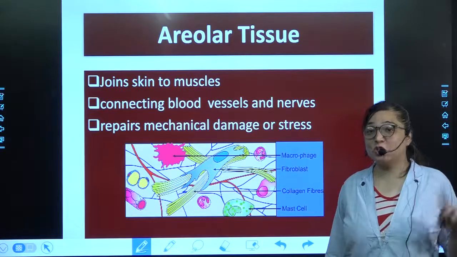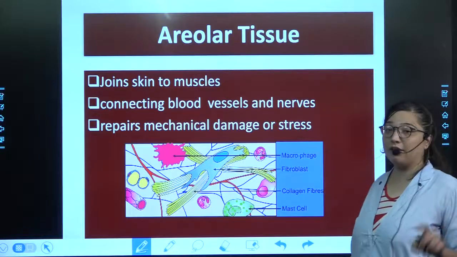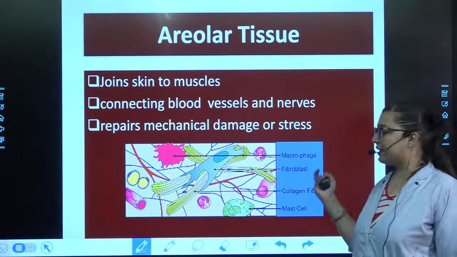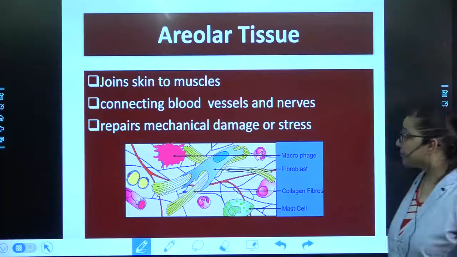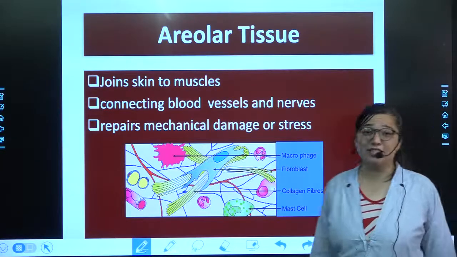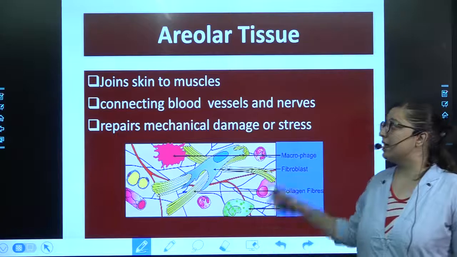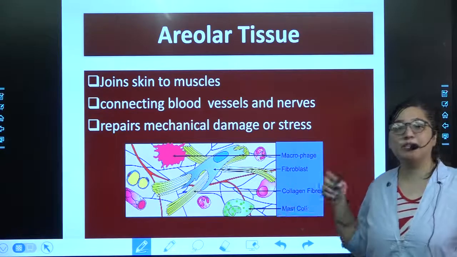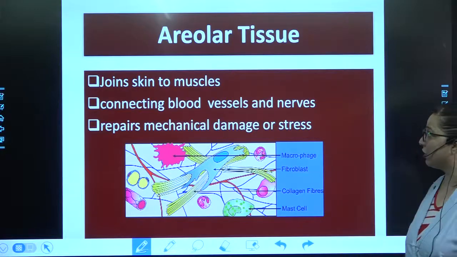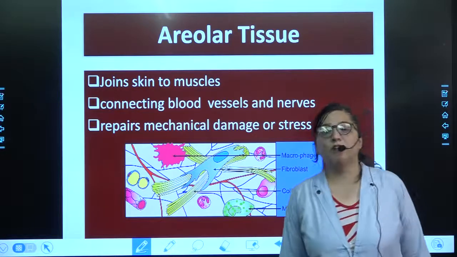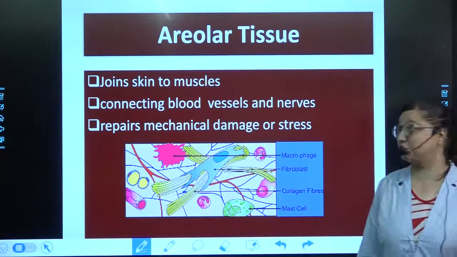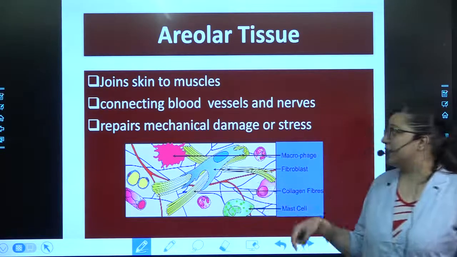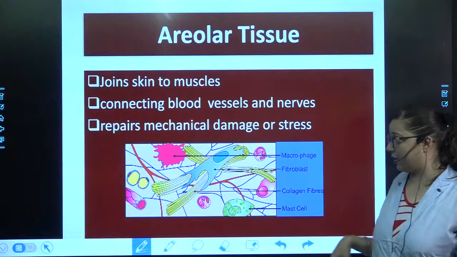It will join skin to muscles, connect the blood vessels and nerves, and repair the mechanical damage or stress.